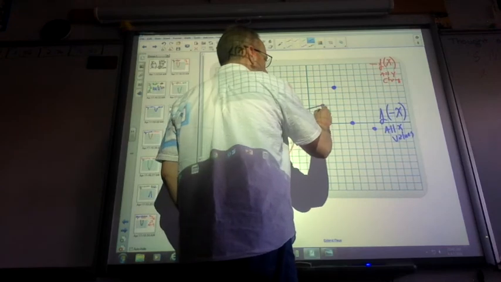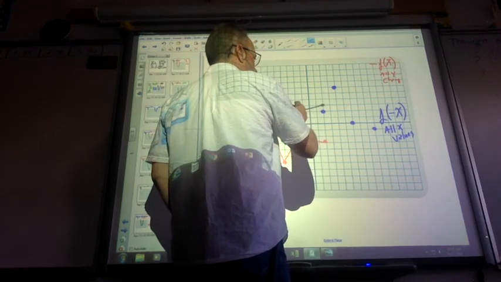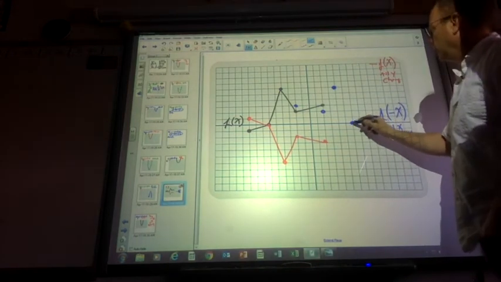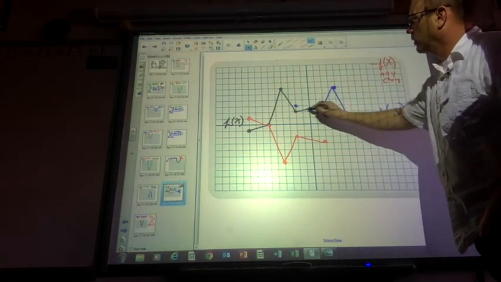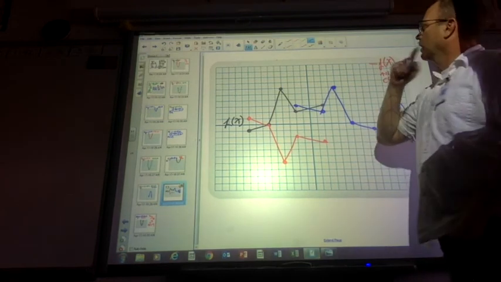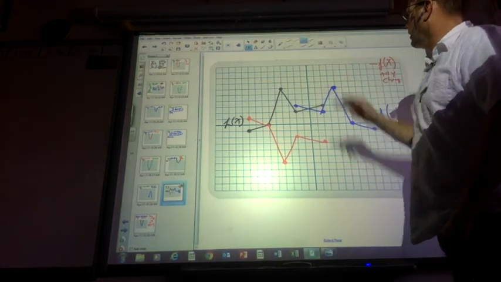And that was here. And this one's going to flip over to here. So that's what this is going to look like. It's going to go here, to here, to here, to here. So that transformation.